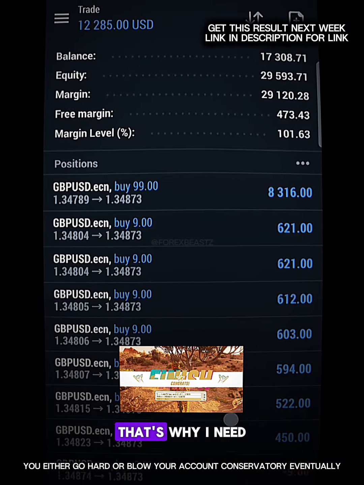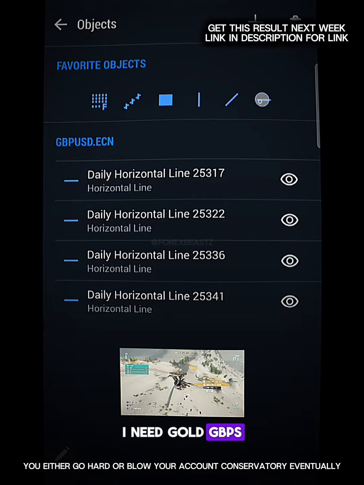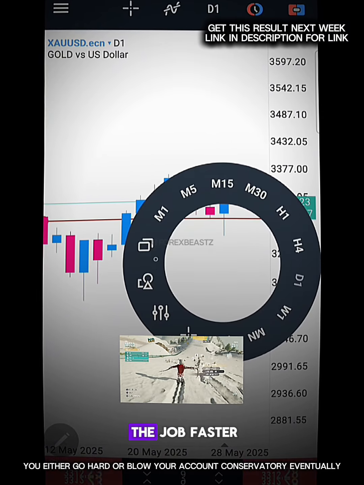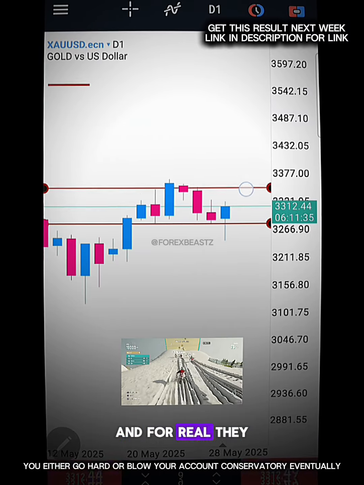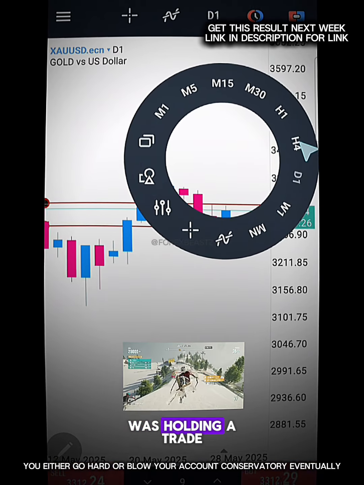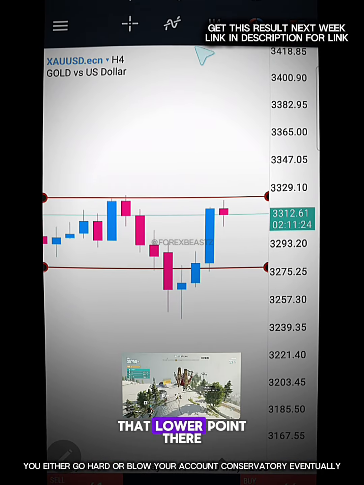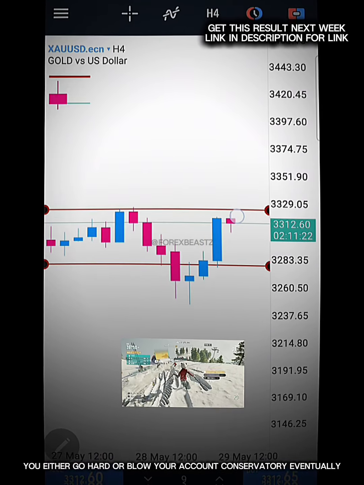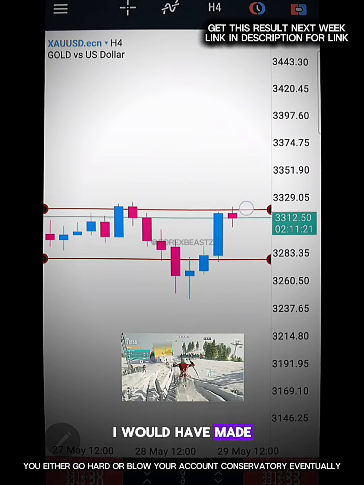And for me to kill the market totally, I need gold. GBP/USD can do the job, but gold will do the job faster. And for you, they have the same bias. If you look at it, even gold is almost approaching that point there. That means if I was holding a buy trade from that lower candle there, I would have made a lot of money around that point.